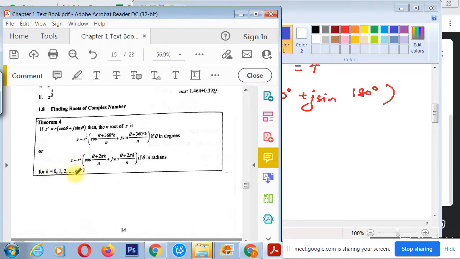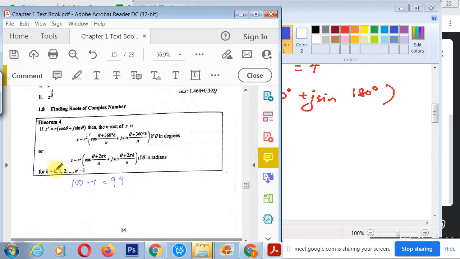If n is 100, k will have 100 elements, but will stop at 99, okay? Because it is n minus 1. If we have 100 minus 1, we get 99. The end term will be 99, but the number of terms will be 100. Because why?